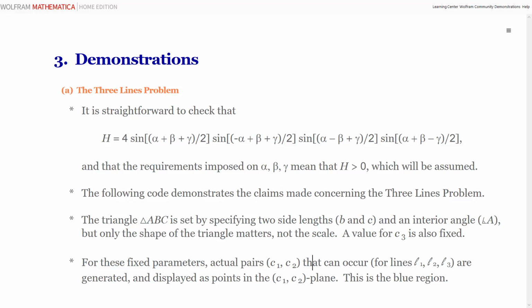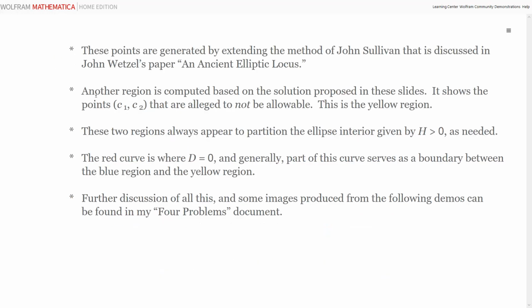Okay, all right, so now think about all of the feasible points or pairs, C1 comma C2. Okay, if we plot that, we get a certain region of the plane. And in the graphic, that will be the blue region, right? All right. Okay, how are these points generated, by the way?